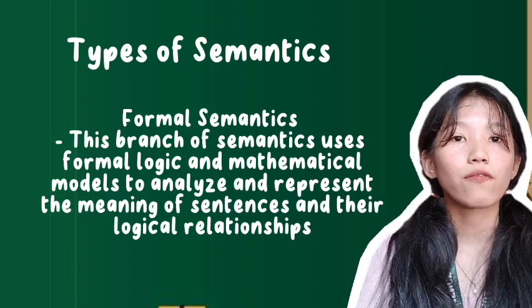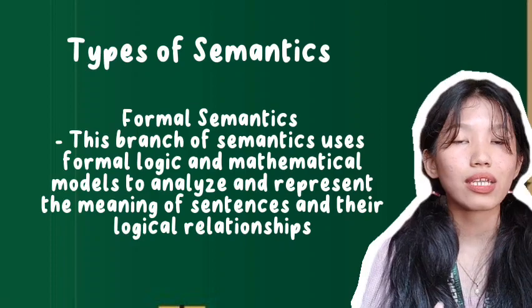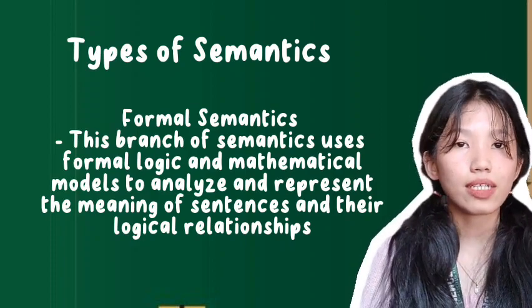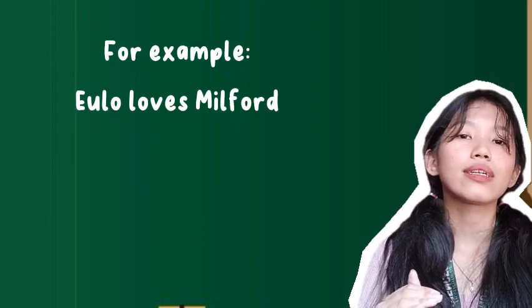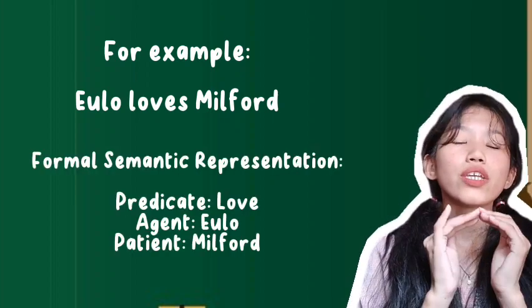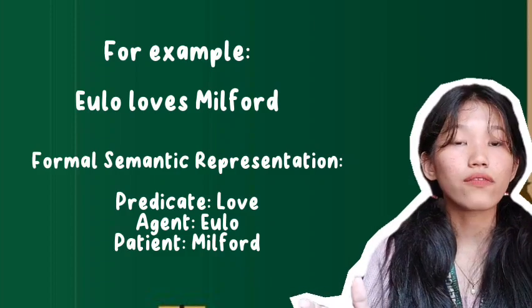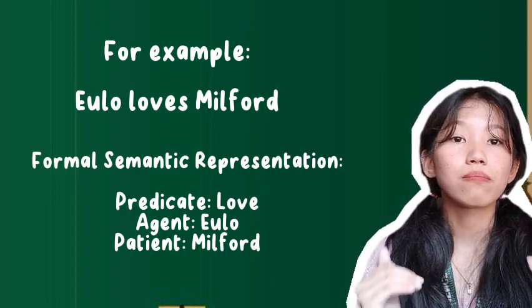The first one is the formal semantics. This branch of semantics uses formal logic and mathematical models to analyze and represent the meaning of sentences and their logical relationships. For example, in a sentence, Yolo loves Milford. In the formal semantic representation, the predicate is the word love, the agent is Yolo, and the patient is Milford.